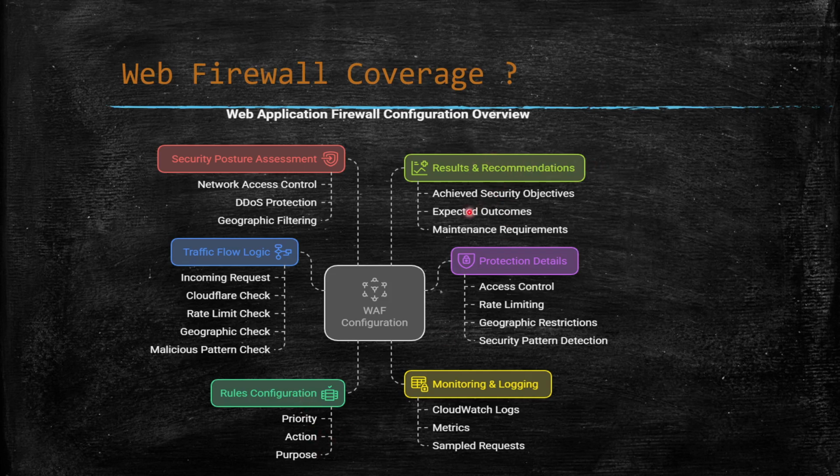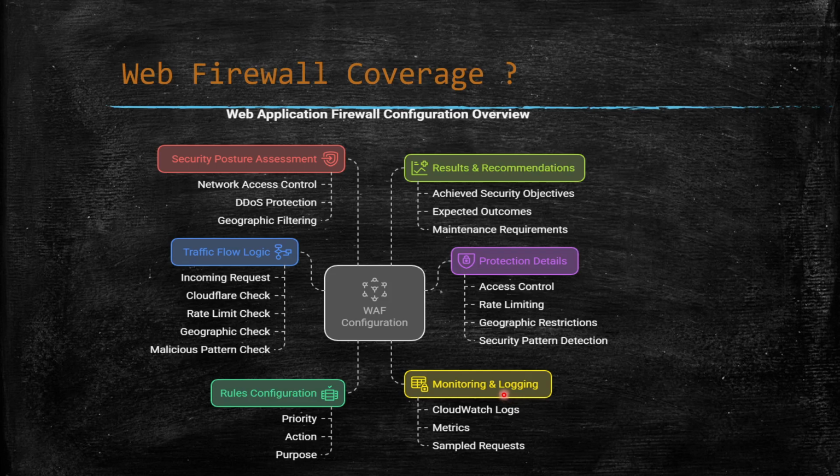The result recommendation is achieving the security objective, expected outcome, and maintenance requirement. So it gives you all the output that is required for securing a web application. Protection details are access control, rate limiting, geography restriction, and security pattern detection. That's one of the protections that can be applied to control your web traffic.